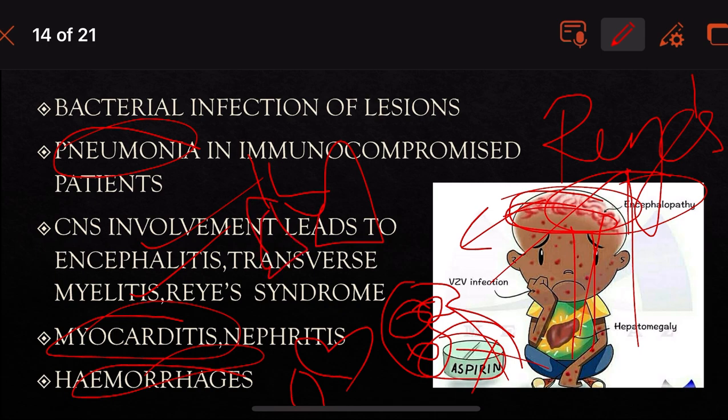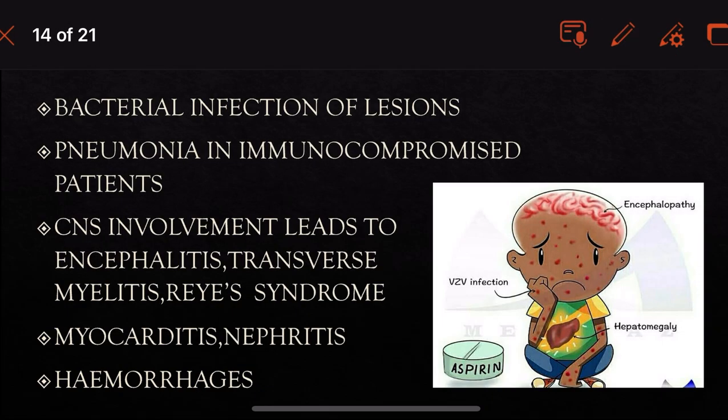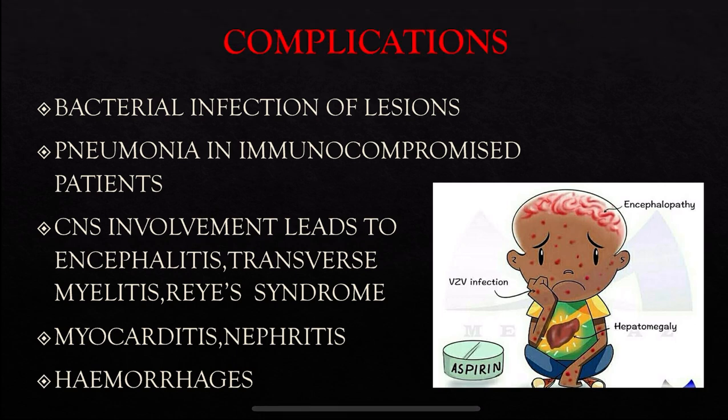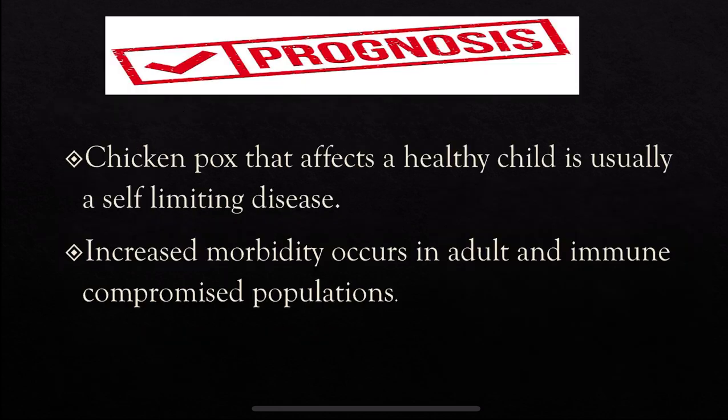We have pneumonia and bacterial infection of the lesion. Clear? You can go from top. The lungs, pneumonia, heart, myocarditis, kidney, nephritis, then Reye's syndrome, hemorrhages.